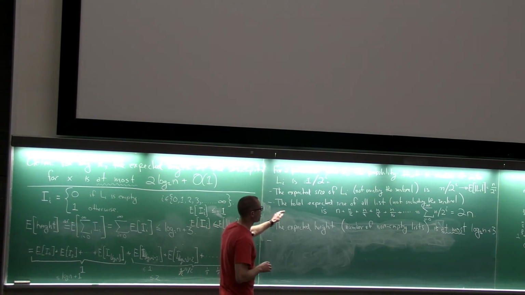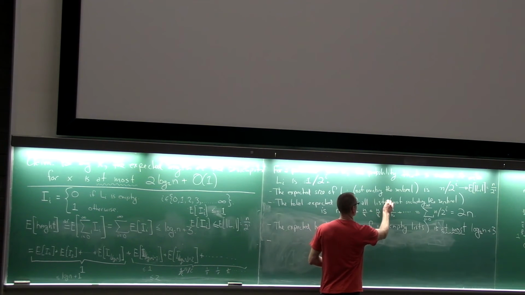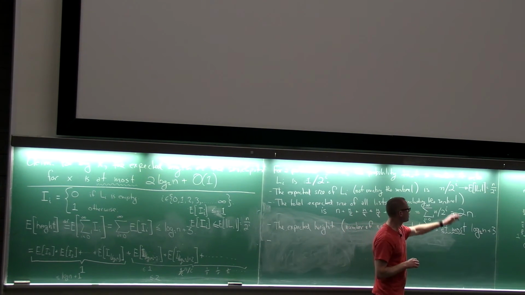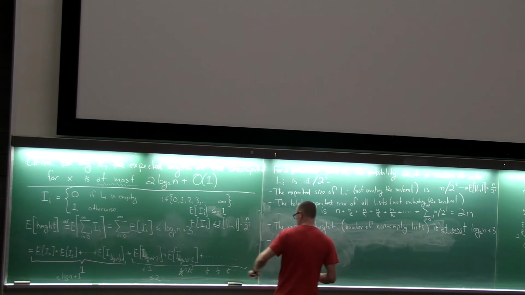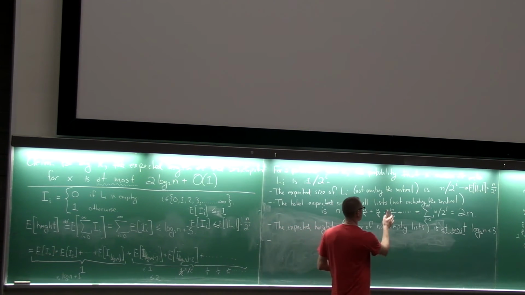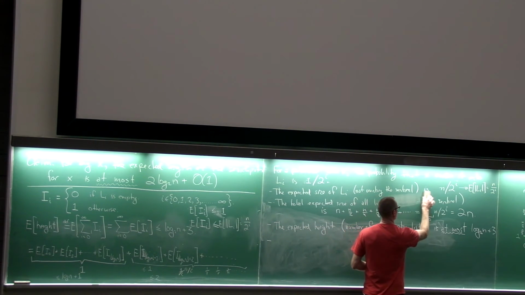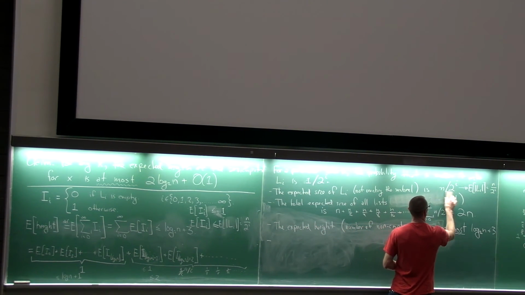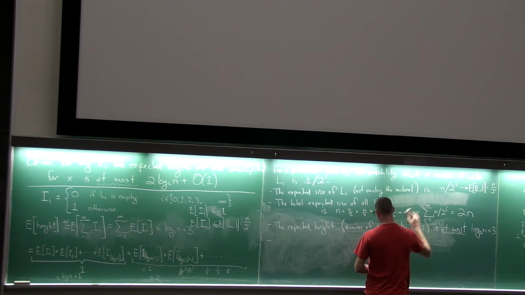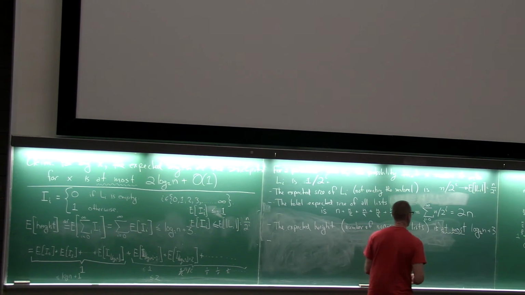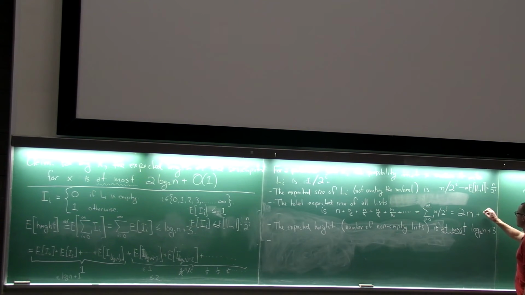We said the total expected size of all lists, not including the sentinel. Well, now we can remove this qualifier that says not including the sentinel. And once we add the sentinel back in, how many times does it occur? Well, it occurs exactly as many times as the height, so we get log base 2 of n plus 3.